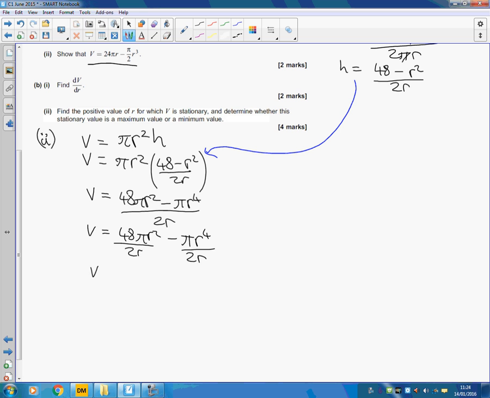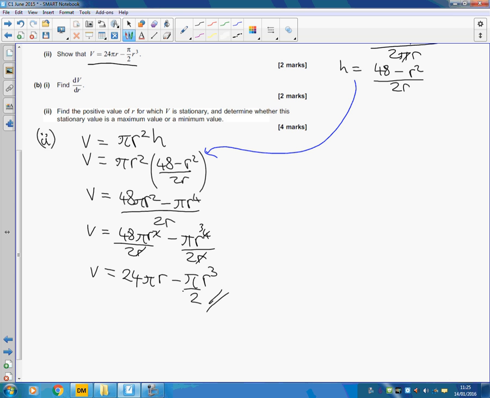So the first one, we've got 48 divided by 2 is 24. There's nothing to cancel the pi, but I can cancel one of the r's. On the second one, the pi is going to stay. One of the r's is going to cancel. That's pi r cubed, and that's divided by 2. And you can see that's the format they wanted it in.